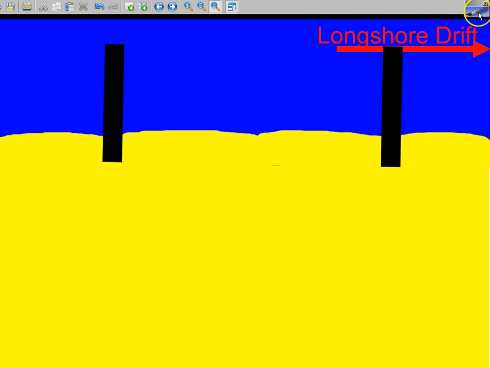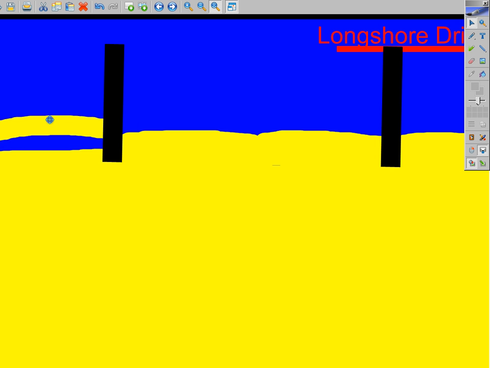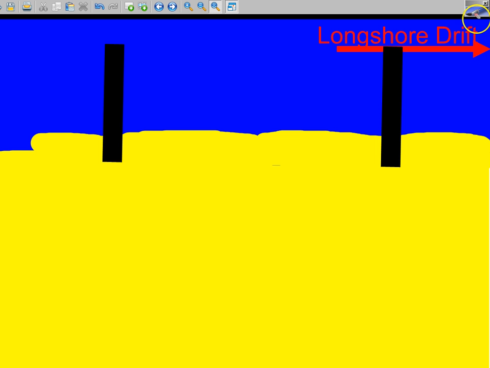And so what they are doing is, in an effort to try to prevent the sand from moving away from this beach, you might get some erosion of the sand material. Let's say over here, it gets picked up by the waves coming in, and the longshore drift is going to the right.